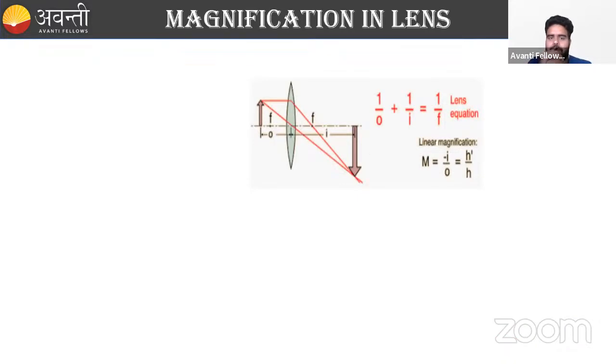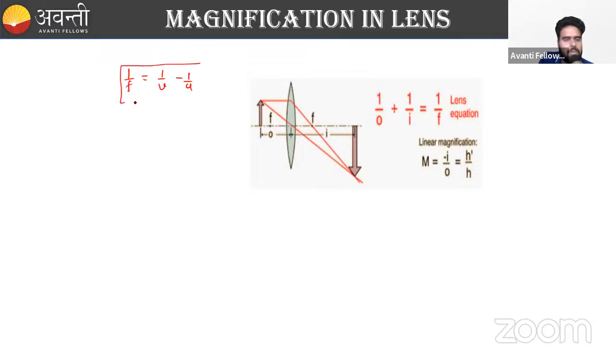The next one is the magnification in the lens. What is magnification? As we discussed magnification in mirrors also, ultimately magnification tells the size of the image as compared to the size of the object. Here, if we write down the lens formula, 1 by f equals 1 by v minus 1 by u.